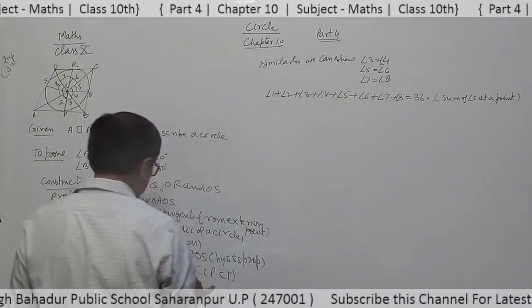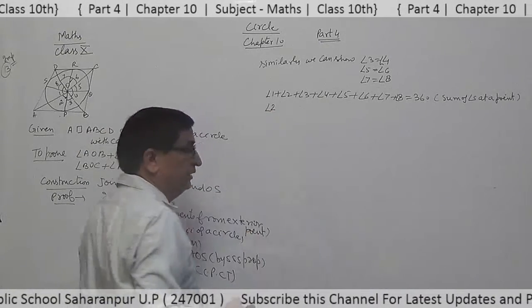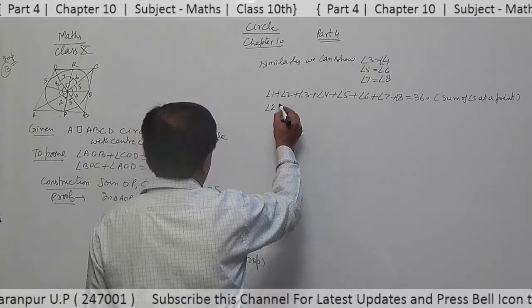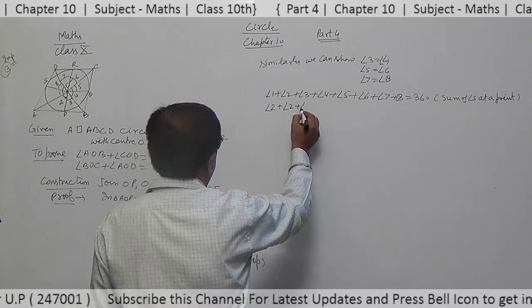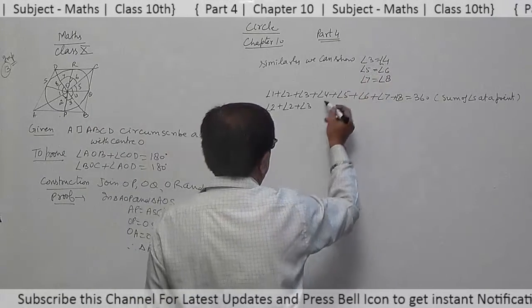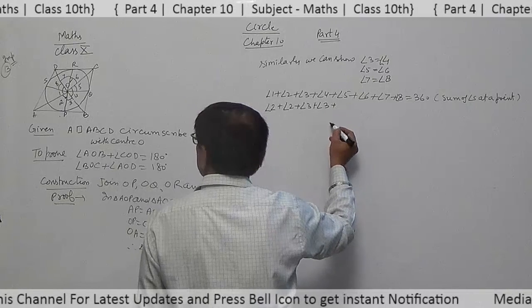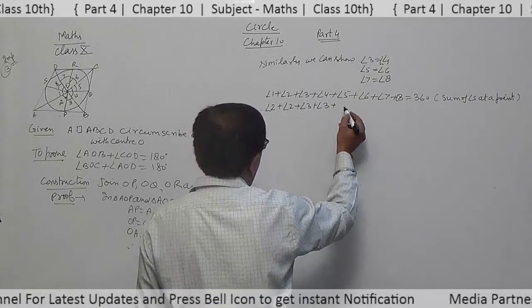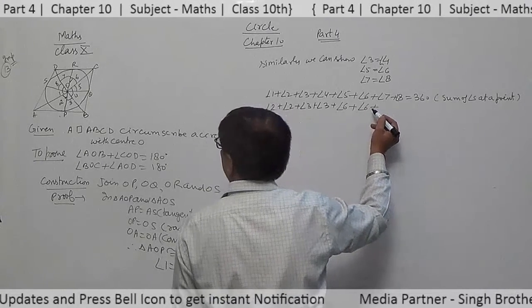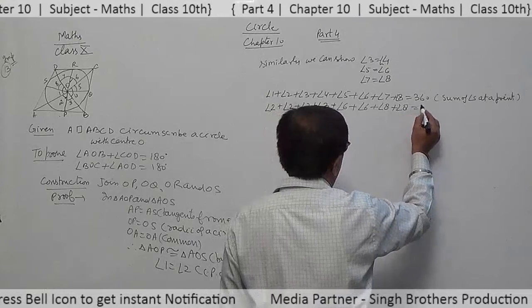1 is equal to 2, so in place of 1 write 2. 4 is equal to 3, so in place of 4 write 3. In place of 5 write 6. In place of 7 write angle 8, and in place of 8 write angle 7.